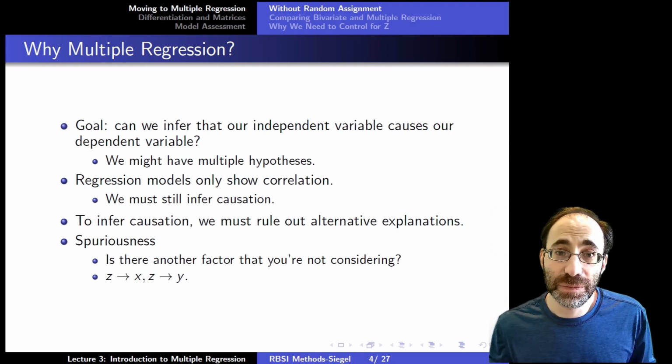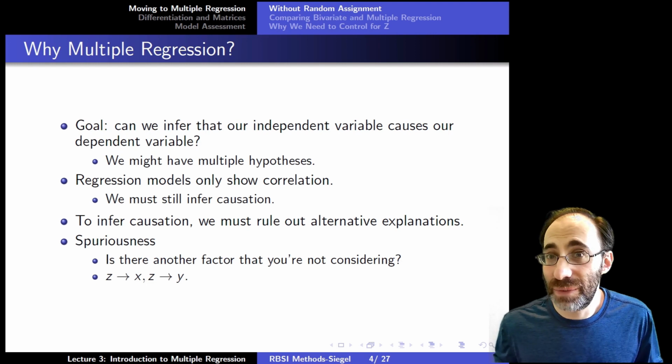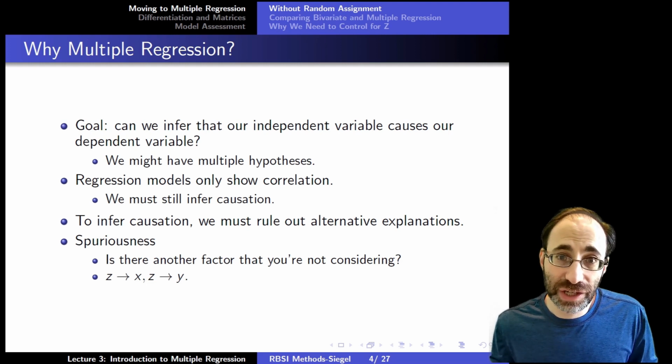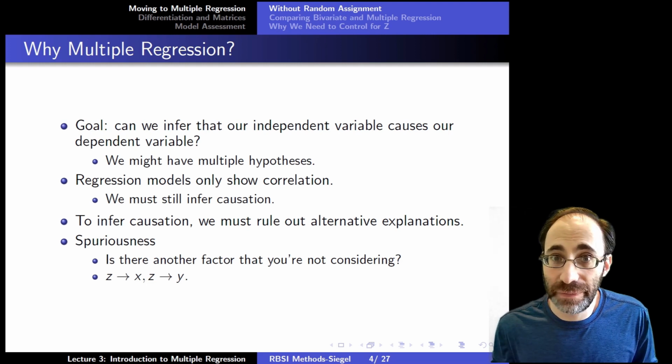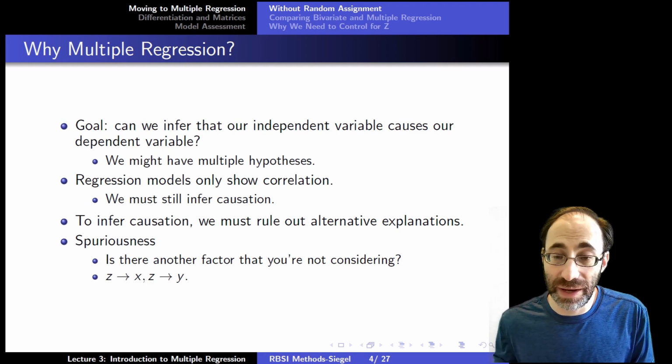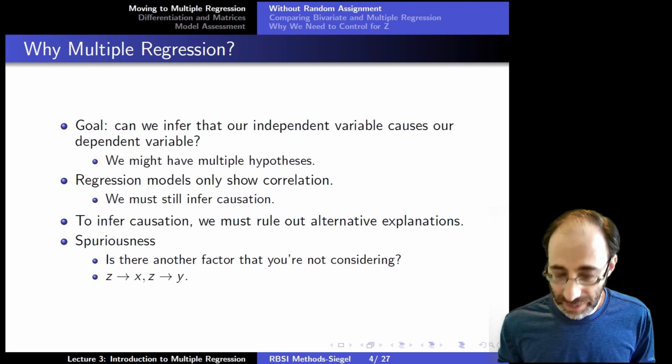It might instead just be due to z causing x and z causing y, and therefore we think x and y seem to correlate, but really the correlation is spurious. It's not real. It's not really due to some underlying causal relationship between x and y. It's due to z causing both.